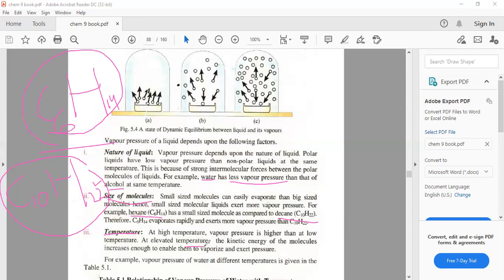If you give temperature to the liquid molecules, they start moving. Due to that movement, they easily escape the surface of the liquid and convert into vapors. When they leave the surface due to the temperature, they convert into vapors and these vapors exert pressure. So these three factors are for vapor pressure.